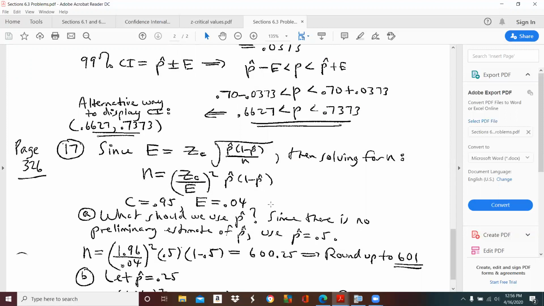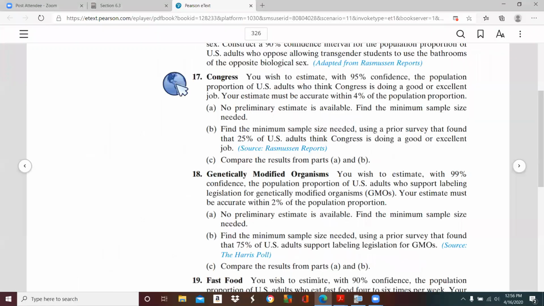Now, in this problem, the researcher determined upfront, before doing the research, that they wanted to create a 95% confidence interval. And what else did they say? They wanted the estimate to be accurate within 4% of the population proportion. The number that's after "within," that's our margin of error.